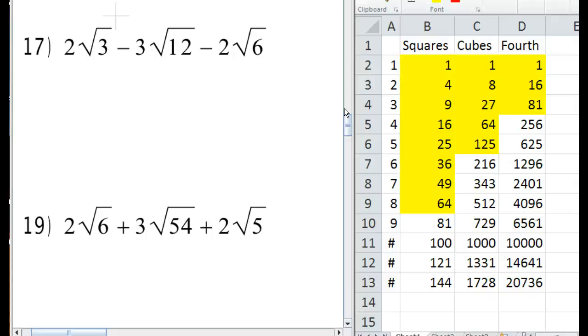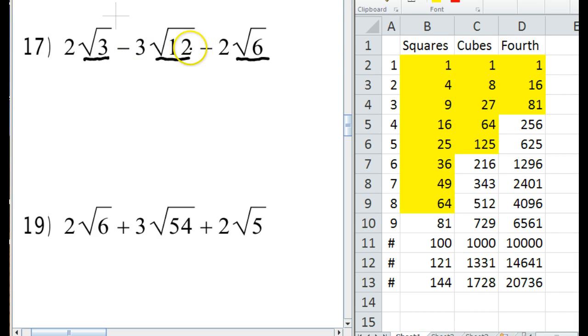Now the idea is that they all have to be the same radical. It's kind of like the idea they all have to be the same variable. So our first goal is going to be to try to get these to match as close as possible.